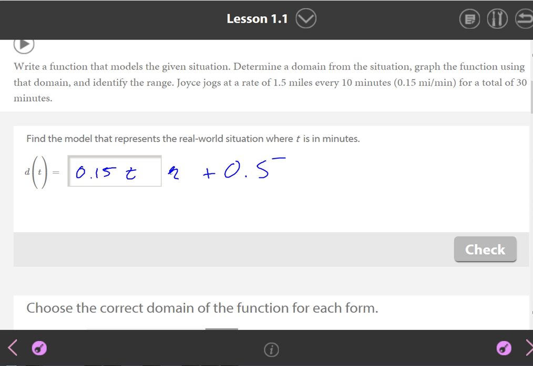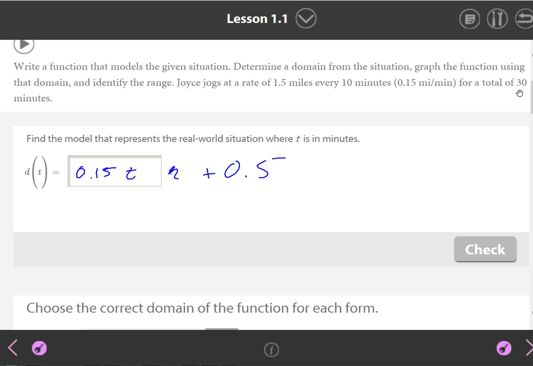What are the values of t, or like x, that would make sense for this model? There's a really key part of that description of the situation there. Greater than or equal to 0, less than or equal to 30. Yeah, there it is right there. She's going to run for a total of 30 minutes, and then she's done, right? So after 30 minutes, this model doesn't apply anymore, right?